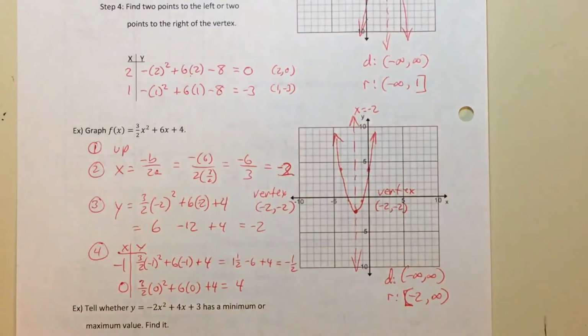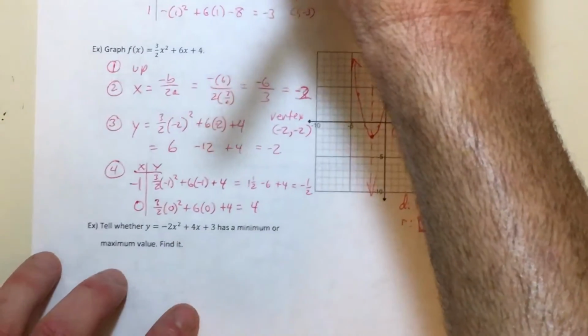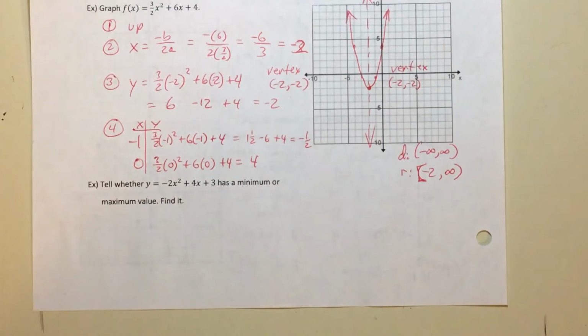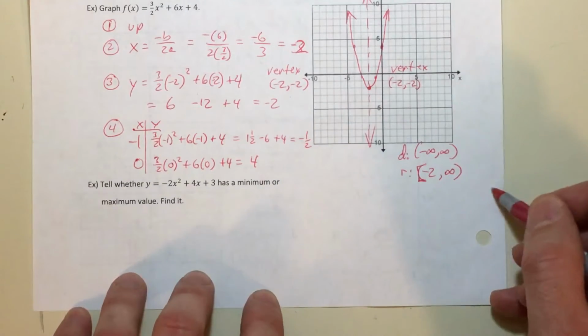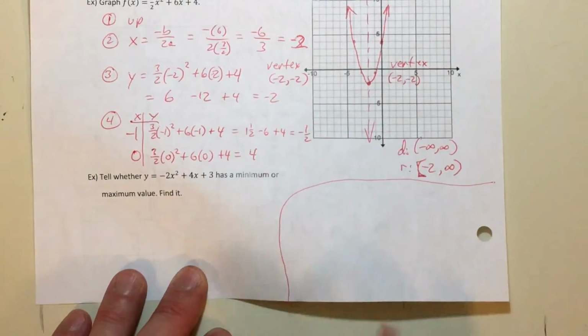Okay, so now for this last example, it's not asking us to graph. It's asking us to tell whether that equation has a minimum or a maximum value, and then they want us to find it. So let me show you what that's about. Over here to the side, let's kind of quarantine a little area to make some notes.